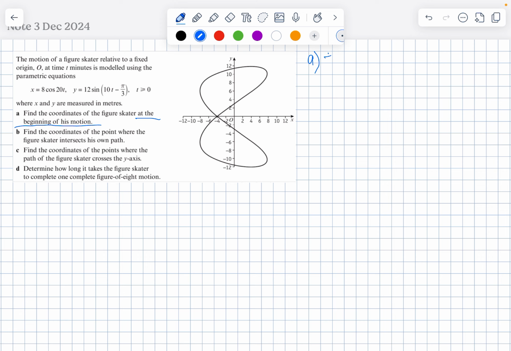We know at the beginning of the motion that t is going to be 0. So if t is 0, that means that x equals 8 cos of 20 times 0, which means 8 times 1, so x is 8. y is equal to 12 sine 10t minus pi over 3.